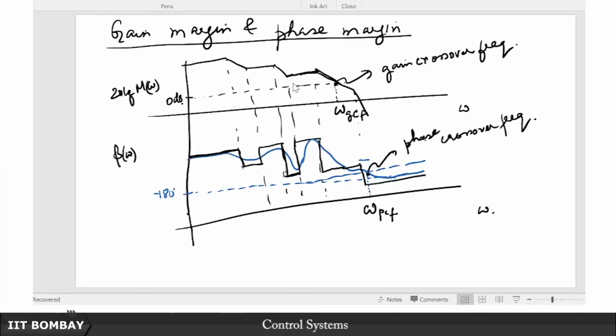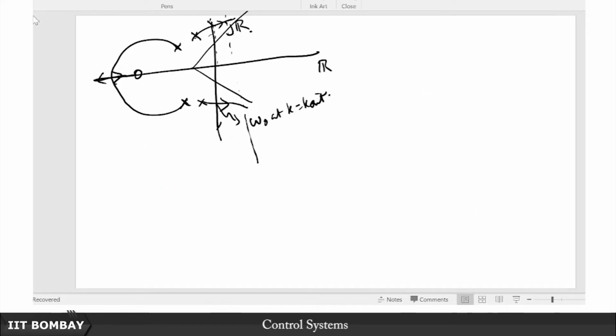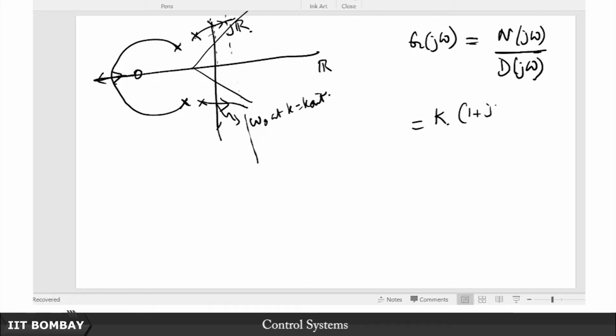using our Bode plots as well. Let us try and understand what this is saying. We have this g of j omega, which is basically n of j omega upon d of j omega. We pull out some constant k here, and the numerator is like 1 plus j omega upon z1, dot dot dot, till 1 plus j omega upon zm.